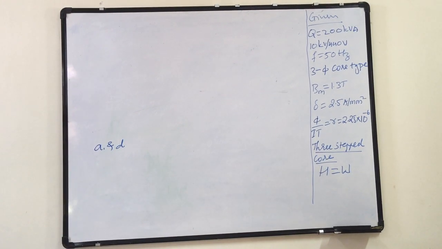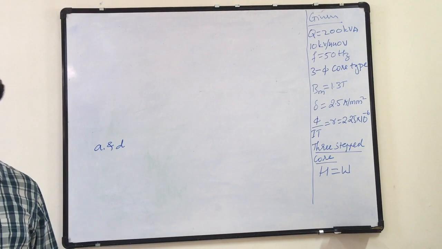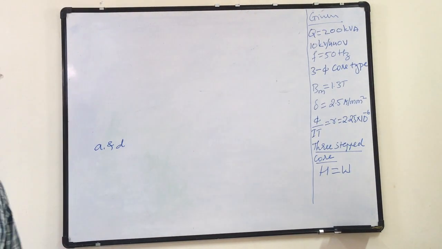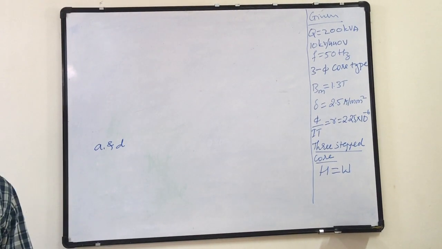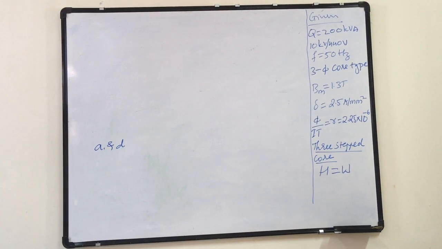That is the net area of the core. It is 0.45 D square for single step, 0.56 D square for two step or cruciform. For 3 step it is 0.6 D square, and for 4 step it is 0.62 D square.